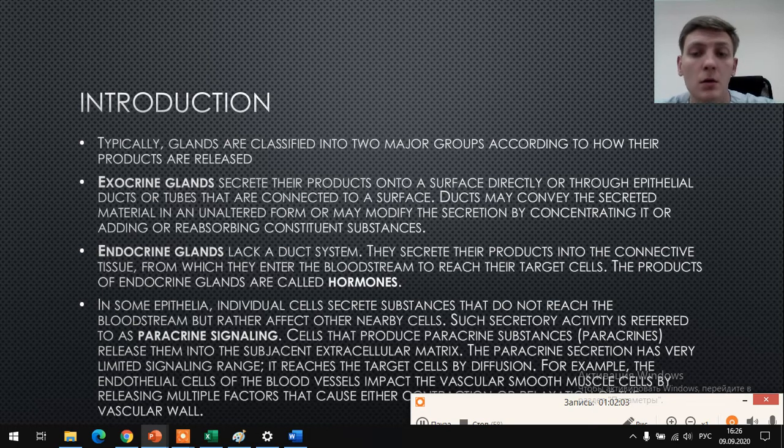But there are some transient types of secretion, less abundant and less important for histological review, but very important in physiology. It's paracrine signaling, when one cell located somewhere in an organ produces its secretion outside the cell toward the cells which are nearby, and regulates their activity.